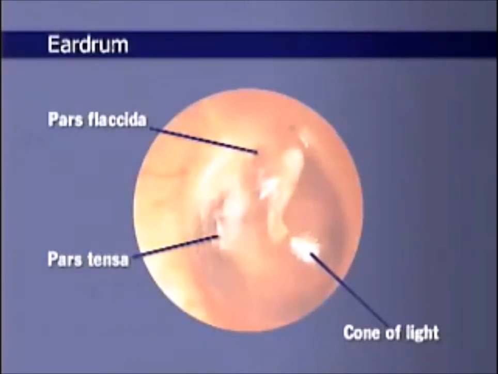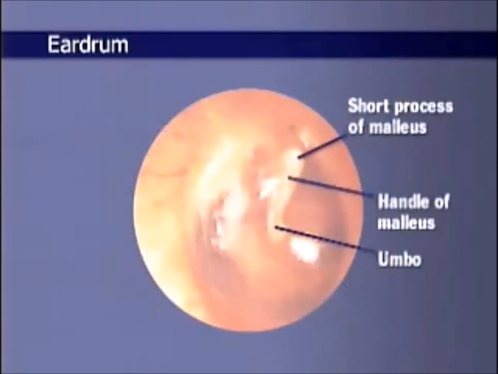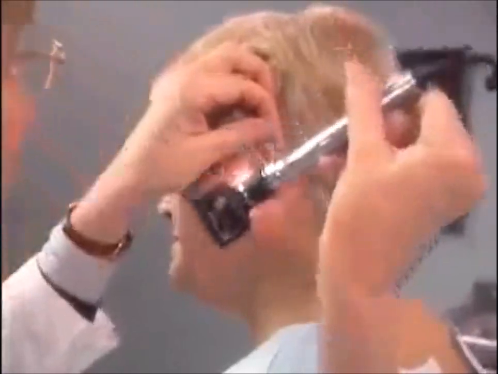Note the color and contour of the eardrum with its distinct cone of light. Normally, the drum is pearly gray. Also, note the position of the handle of the malleus and inspect the short process of the malleus. The handle of the malleus, with the umbo at its tip, crosses the eardrum obliquely from the cone of light upward toward the short process. Be sure to examine the other ear in the same manner.